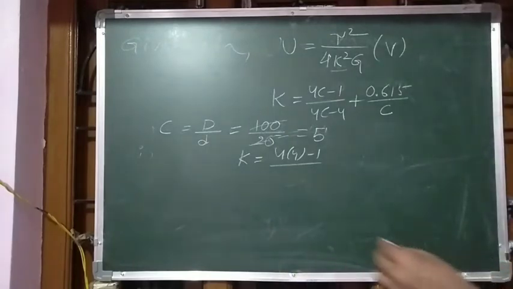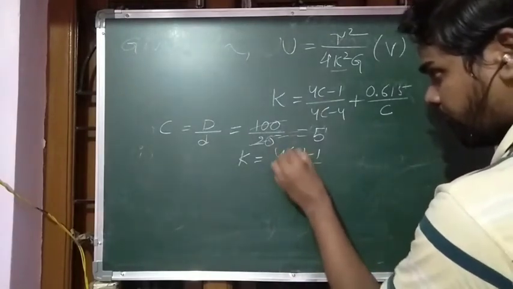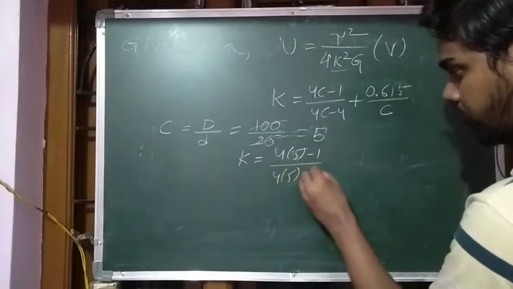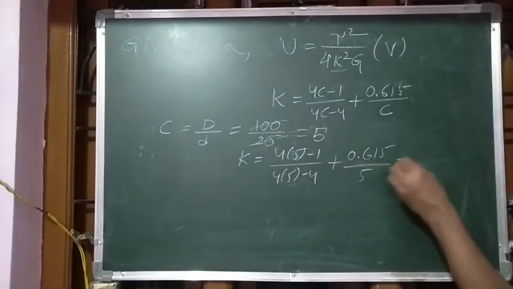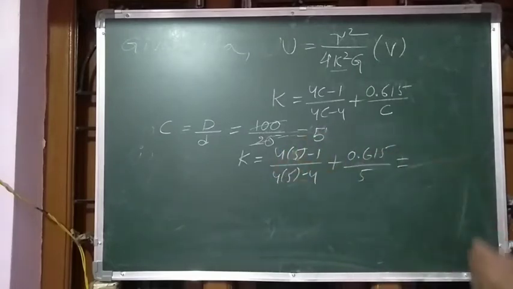Now substitute: 4 into 5 minus 1 over 4 into 5 minus 4, plus 0.615 divided by C value 5.